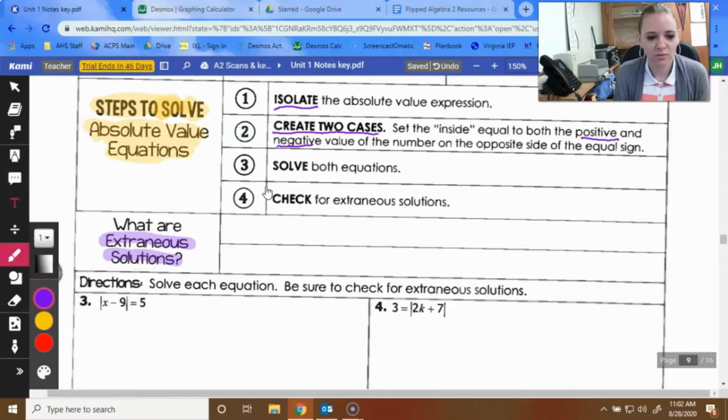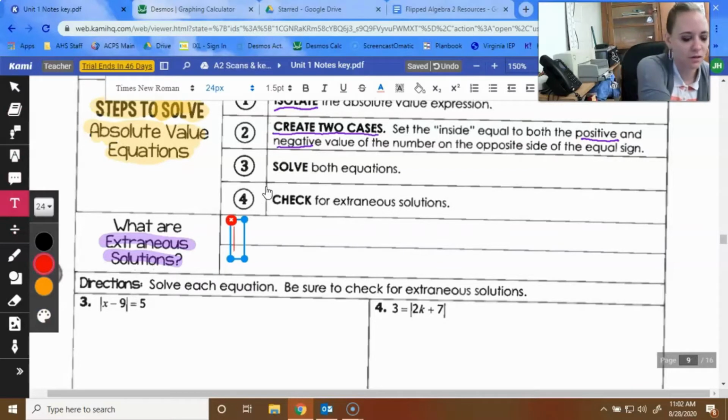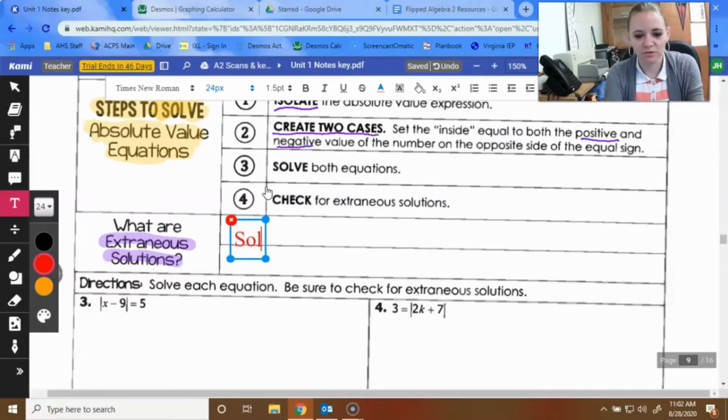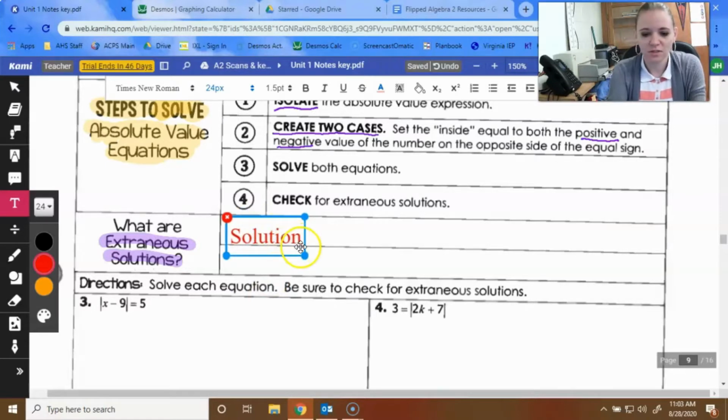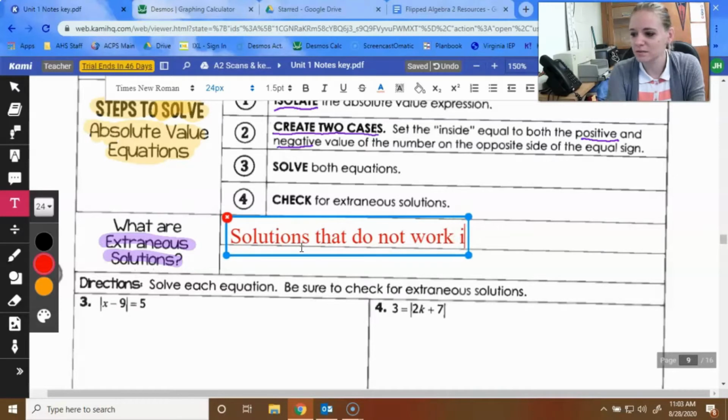Alright, let's put the text box here. Extraneous solutions are solutions. Well, if they're extraneous, what does that sound like? Extreme. Solutions that do not work in the original equation.